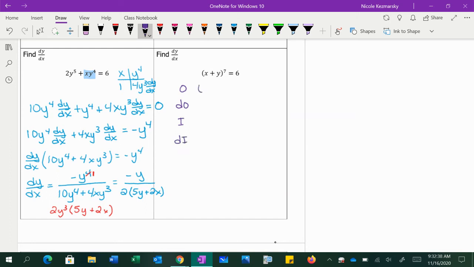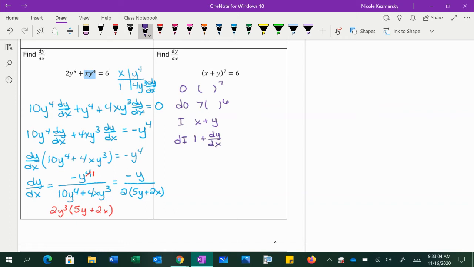The outer is going to be parentheses to the 7th, which means derivative of the outer is 7 parentheses to the 6th. The inner is x plus y. And when I take that derivative, the derivative of x is 1. The derivative of y is also 1, but it's 1 dy/dx.